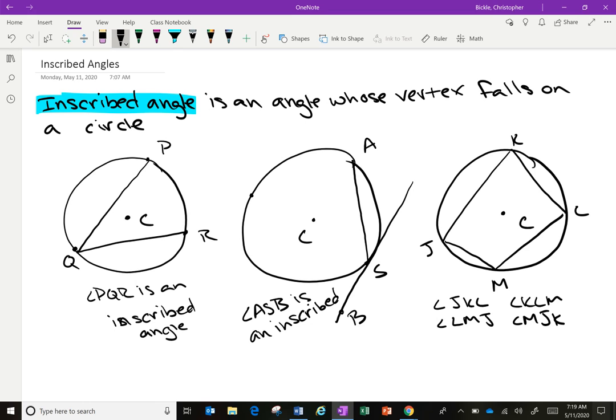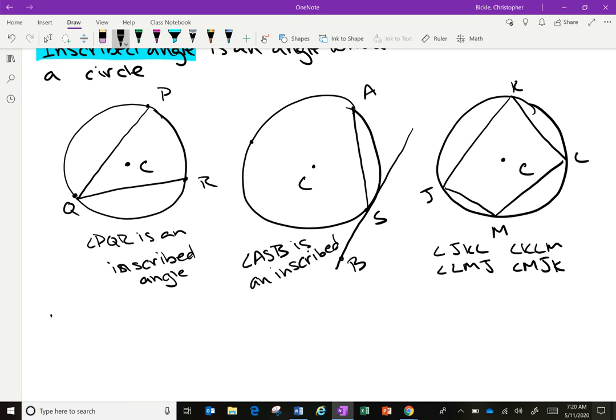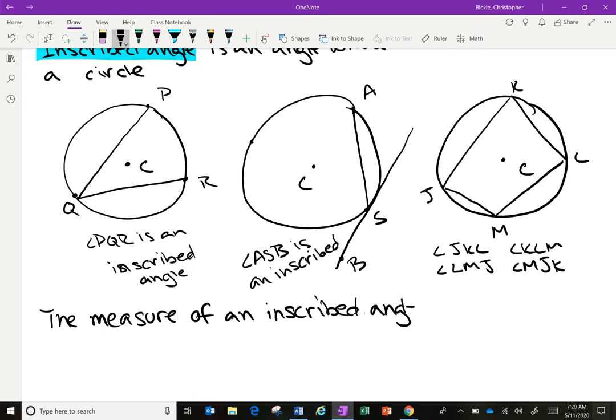Why are inscribed angles important? Inscribed angles are important because we know the measure of an inscribed angle is half of its intercepted arc.